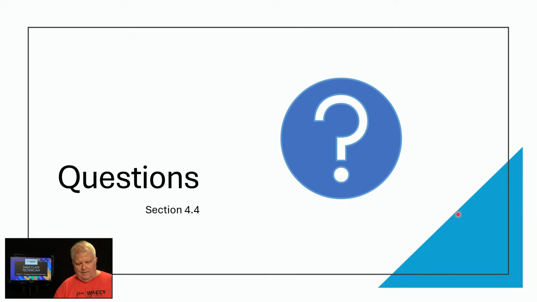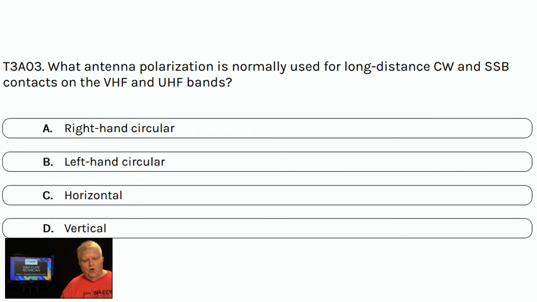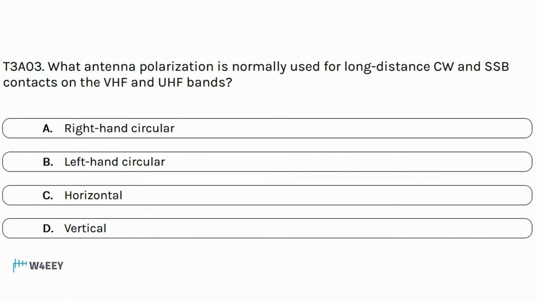All right, let's answer some questions. What antenna polarization is normally used for long distance CW and single sideband contacts on the VHF and UHF bands? Think back to something I showed you about the porcupine. So we want to do, yeah, they're going to use the opposite of vertical, they're going to use horizontal for weak signal, long distance.